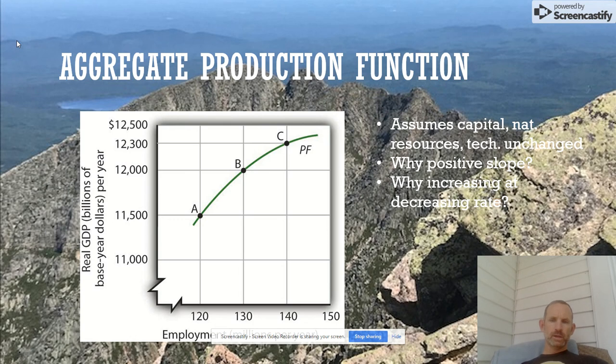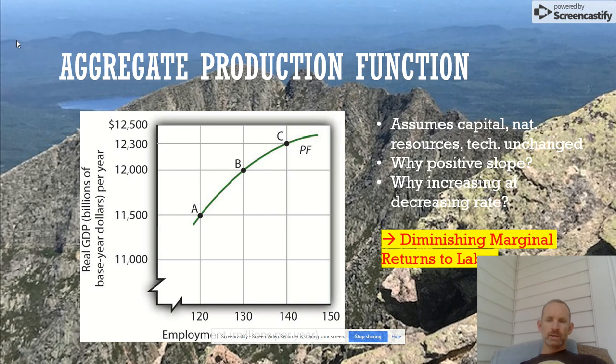So the same thing is true with the economy. You can't just add more and more workers. You need to add more of those other things as well: capital, natural resources, and technology. So this phenomenon is known as the diminishing marginal returns to labor, which means that as you add more and more labor, the marginal return, the additional return from each worker, begins to diminish at some point.